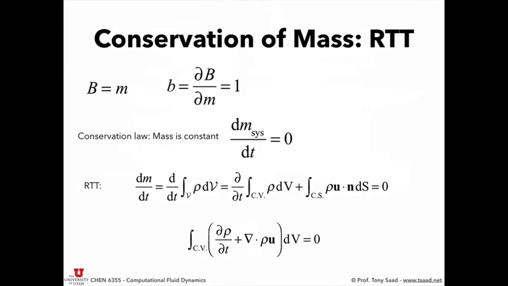So using the Reynolds transport theorem, it's pretty straightforward. The extensive property we're interested in is mass, so capital B is M, okay? The intensive property is mass per unit mass, and that's 1, so lowercase b is 1. Now what is the conservation law for mass for a fluid element, for a fluid particle?